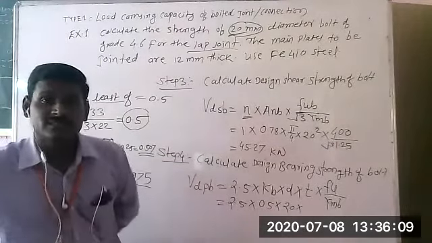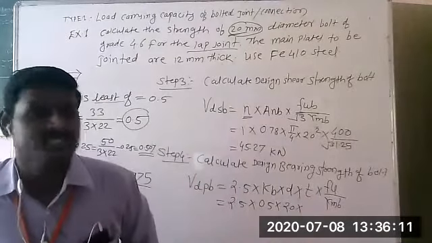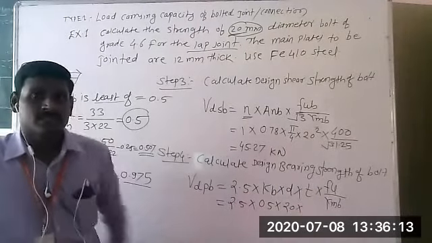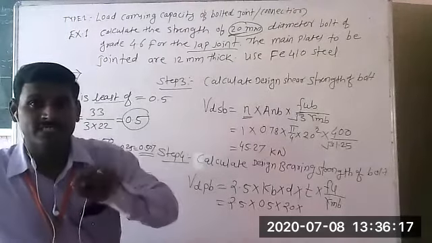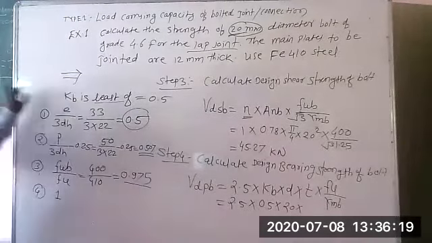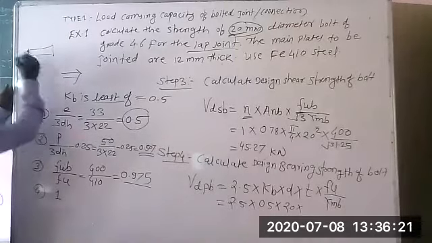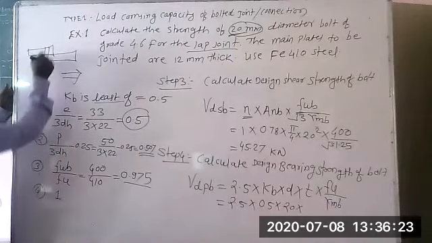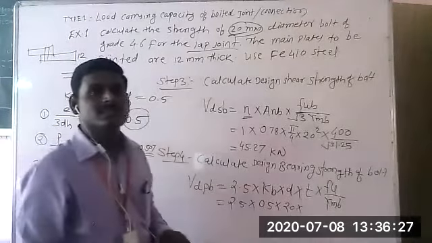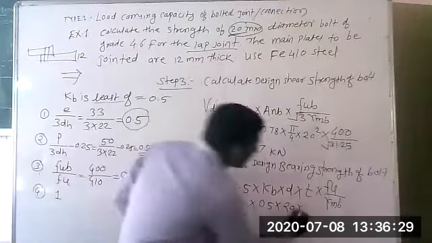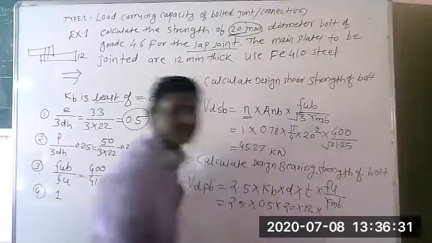I have written it in the design procedure. What is T here? The minimum thickness of the main plate. Two plates we are connecting here, and the thickness of these two plates is 12 mm. So here the thickness is 12.